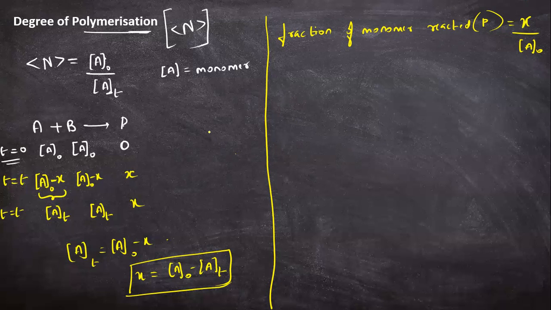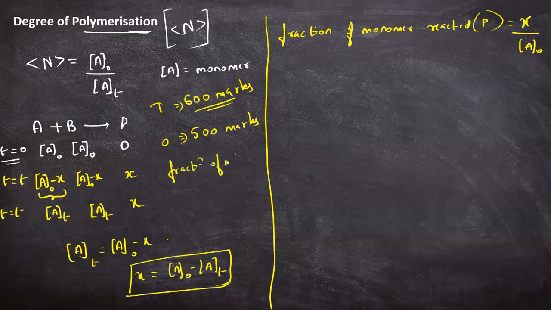Let me give you a simple example. You have attended one exam which has 600 marks, and you got 500 marks out of 600. Can you tell me the fraction of marks obtained?